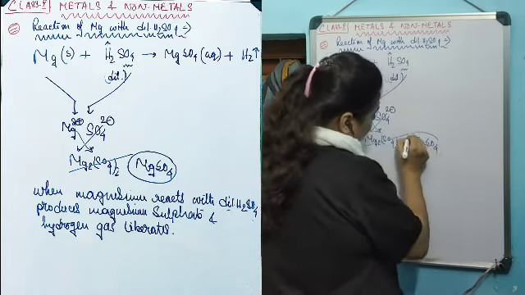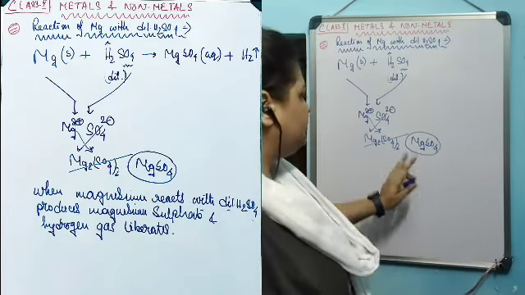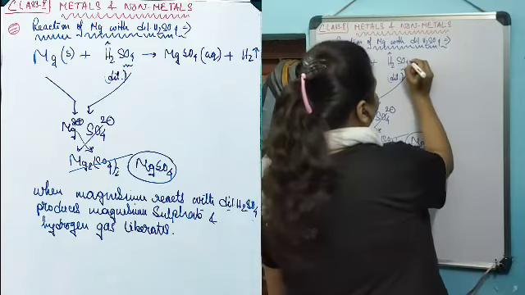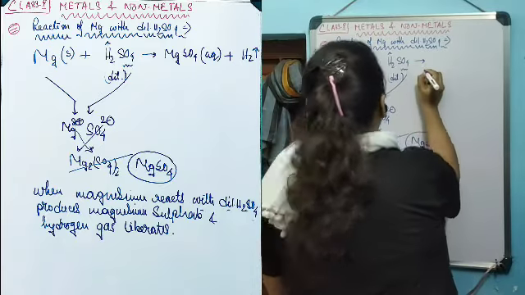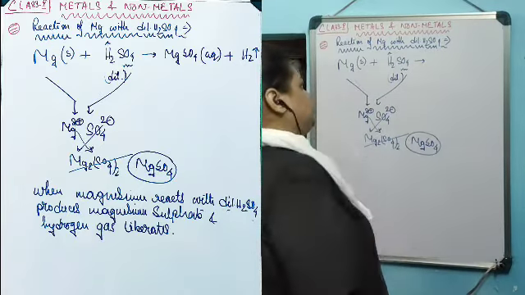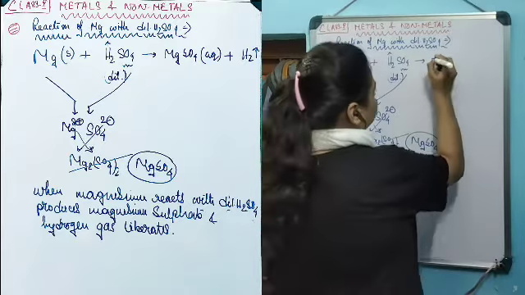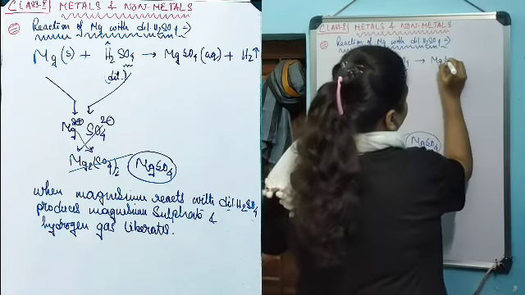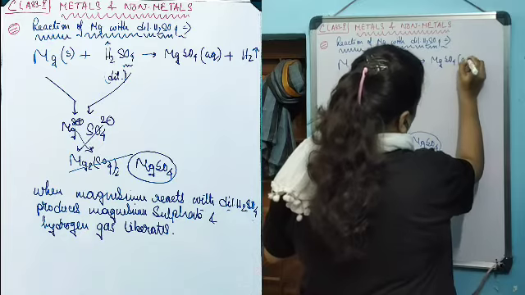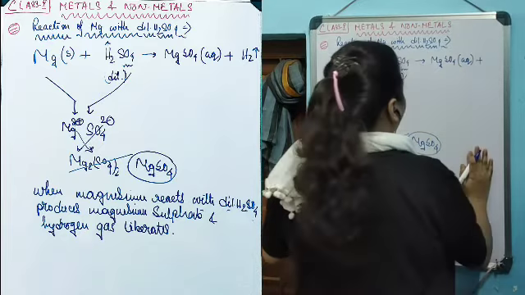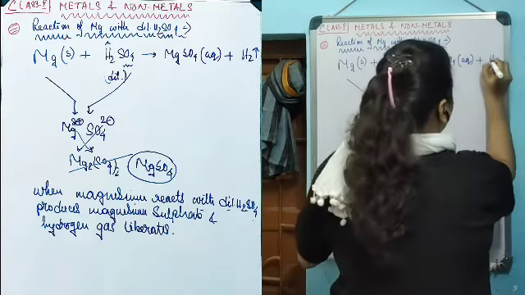So this is the sulfate salt of magnesium that is going to form after the reaction of magnesium metal in its solid form with dilute H2SO4. The salt is MgSO4, and the salt will form in aqueous medium and hydrogen gas will liberate.